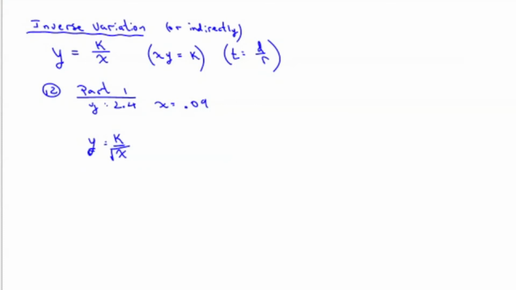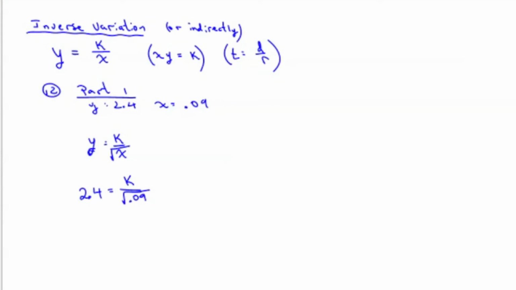Plug in what you know. Y is equal to 2.4. K is the constant. Square root of 0.09. What's the square root of 0.09? Close, no cigar. What is it? 0.3. Because when you multiply two decimals with one decimal place each, you get a 2 decimal place answer, right?